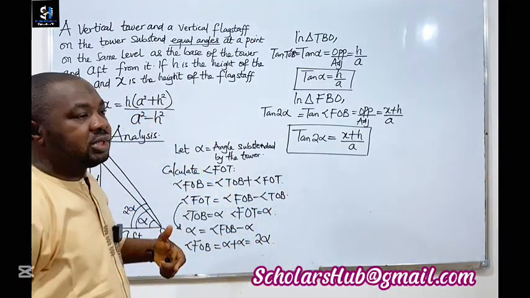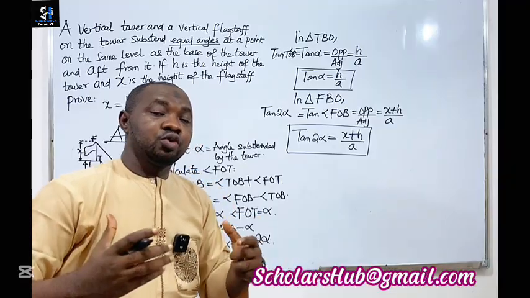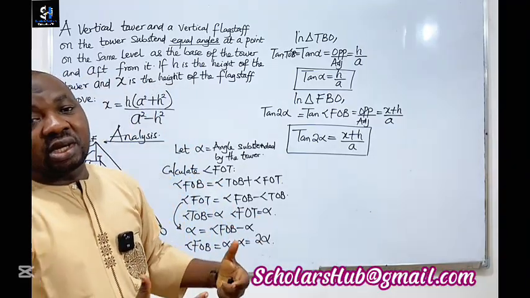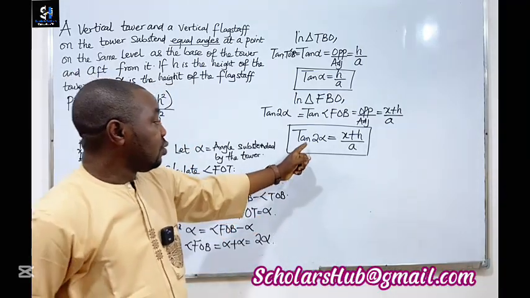First, we need to recognize the sum to product identity for tan of 2 alpha.